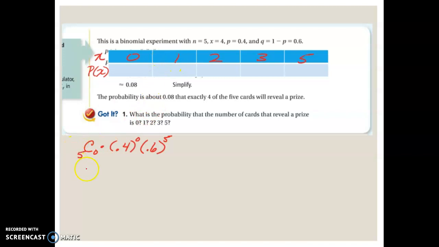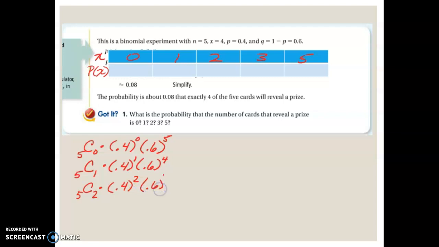For the next one, number 1, you get 1 out of 5. Probability of success, 1 chance. Probability of failure, 4 of them. 2 out of 5. Success, 0.4, you get 2.